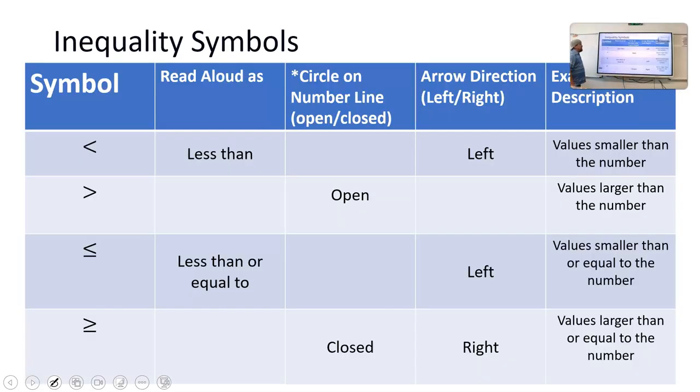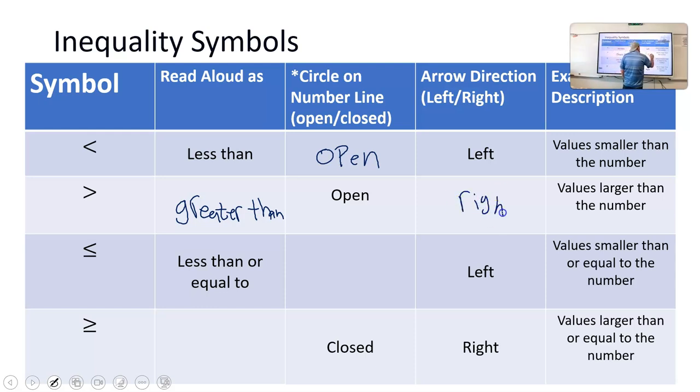Let's look at our inequality symbols again for the third time. Remember, if it's less than, that is going to be an open circle. Remember, if it is greater than, it is going to be an open circle going to the right. Here we're actually going to be graphing these with open and closed circles.